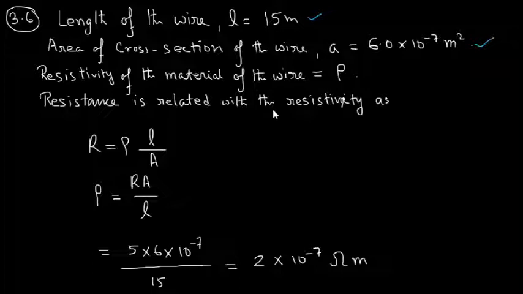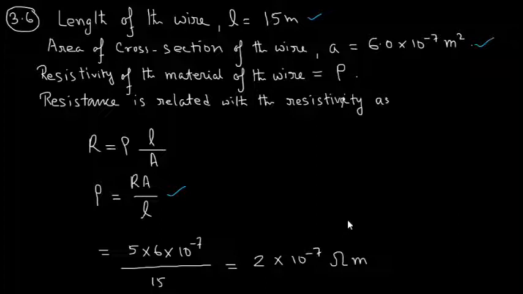Resistance is related with resistivity as R is equal to rho L by A. Therefore, rho is equal to R multiplied by A upon L, where A is the cross-sectional area, L is the length. Now, putting the value of R, A, and L, we get 5 into 6 into 10 to the minus 7 upon 15.